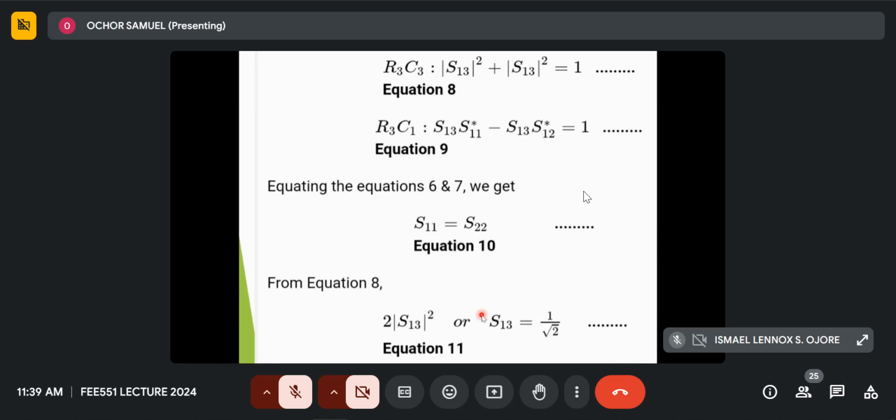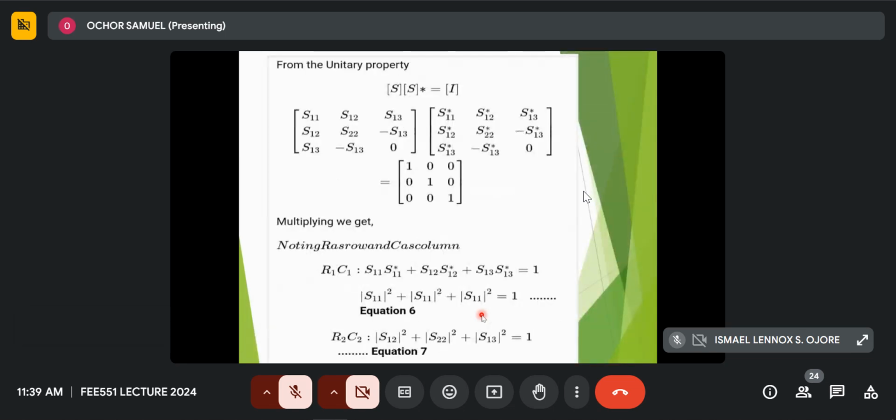Now, equating equations 6 and 7, those are the first equations from row 1, column 1 and row 2, column 2. Can you go to that previous slide? Yes, equation 6, you can see it over there, and we have done some correction in equation 6 and equation 7.